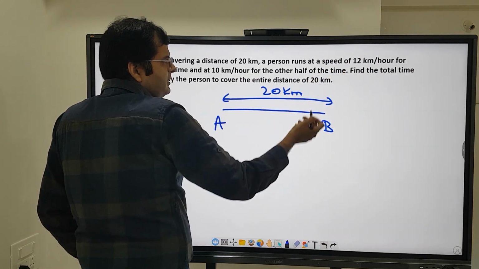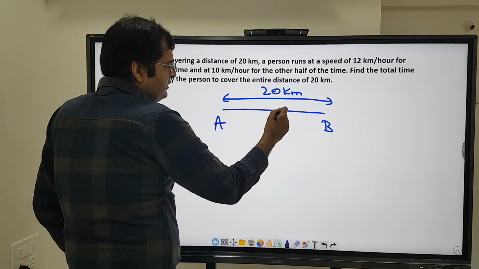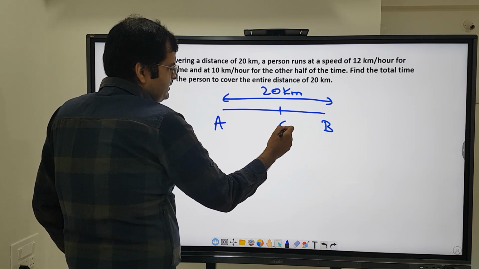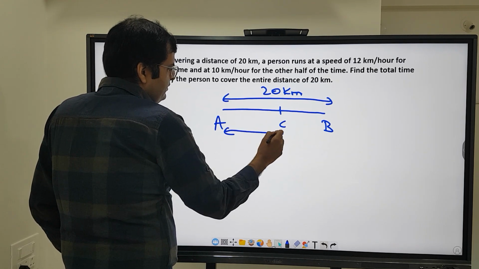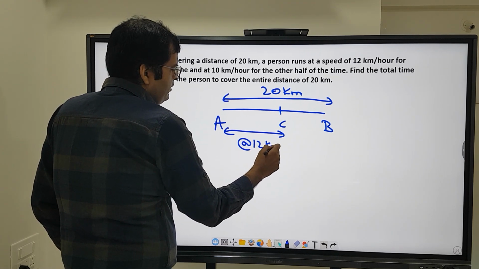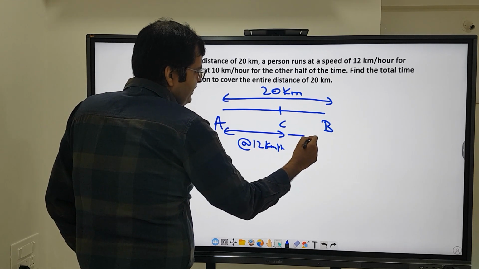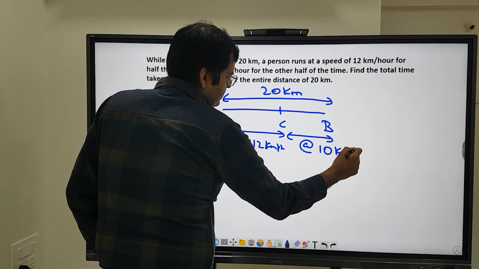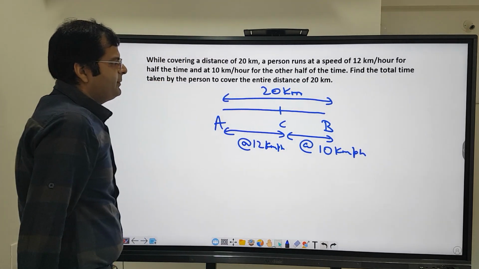Why? Because the person is running at a higher speed. So let's say till this point C, AC, the person runs at a speed of 12 km per hour, and the remaining distance CB, he runs at 10 km per hour.